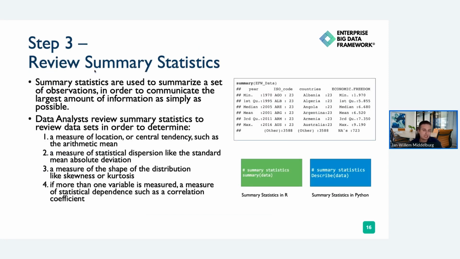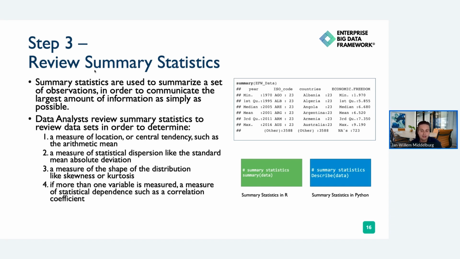Good. And then last but not least, it's generally a good idea to review the summary statistics. With summary statistics, we mean the statistics that actively describe and summarize a data set. So there are multiple different ways to do this. Both R and Excel have built-in functions to do this, not just for one column, but for all the different columns that exist.